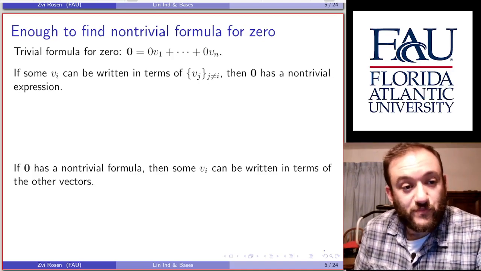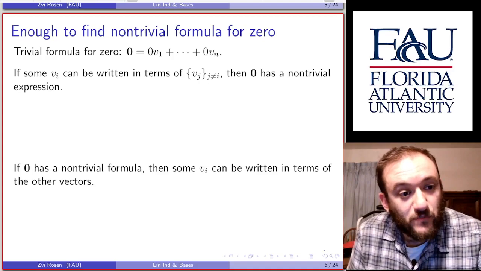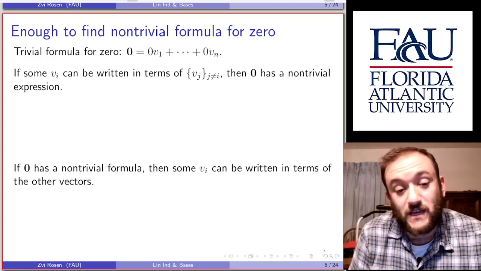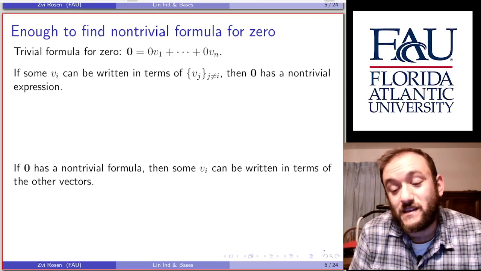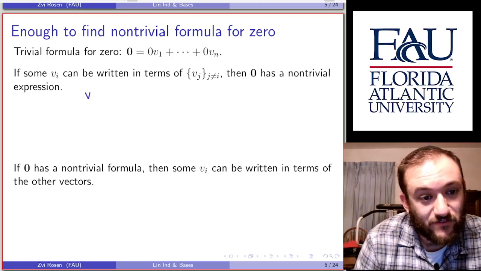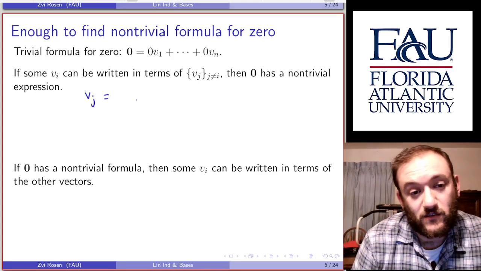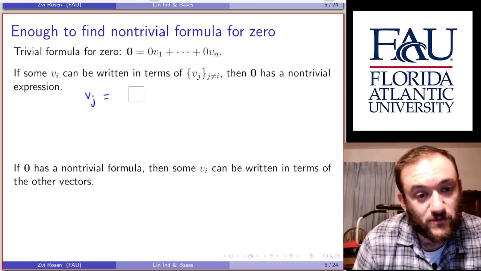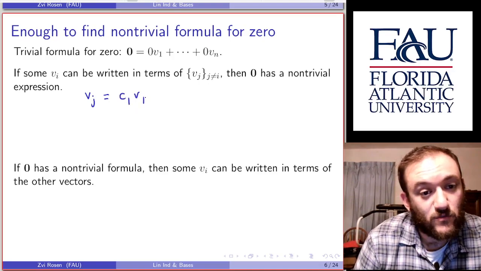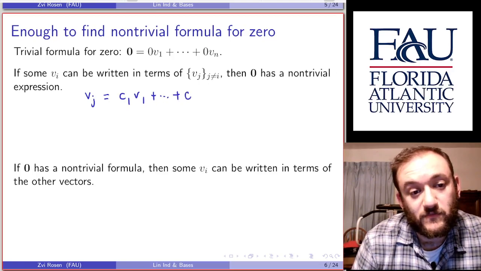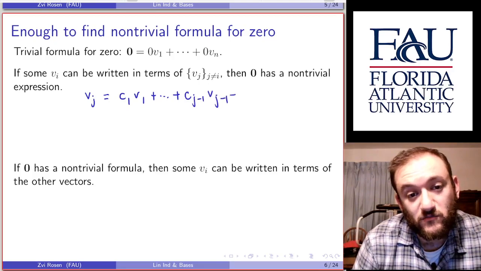Okay, so the first statement I'm going to show is that if some vi can be written in terms of the vj that are not equal to i, then 0 has a non-trivial expression. Okay, and the way we would get that, so if we have vj equals some collection of, let's write it this way, c1 v1 plus etc. plus up to cj minus 1 vj minus 1 plus.